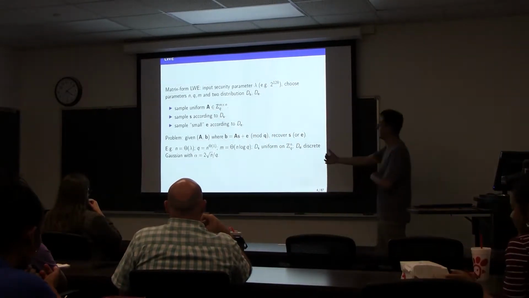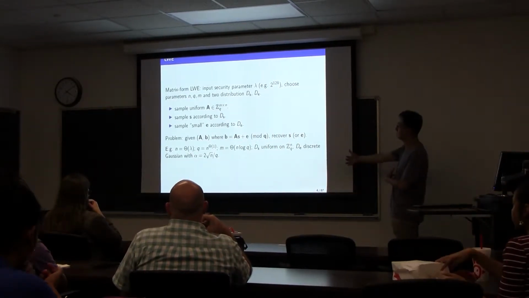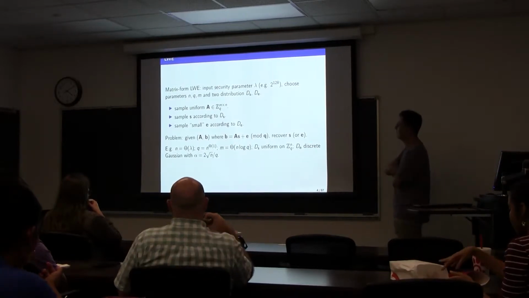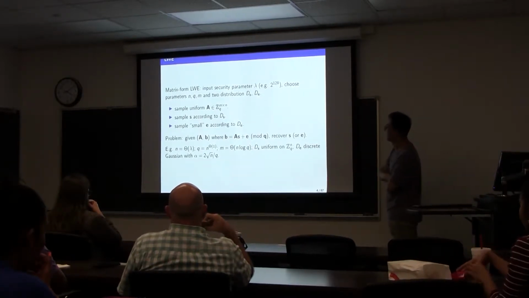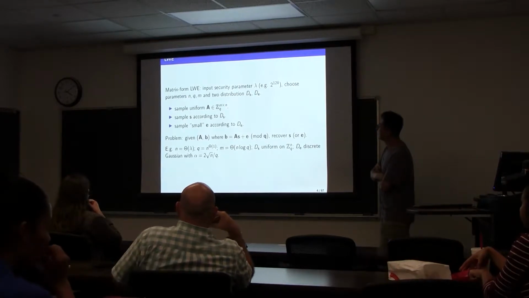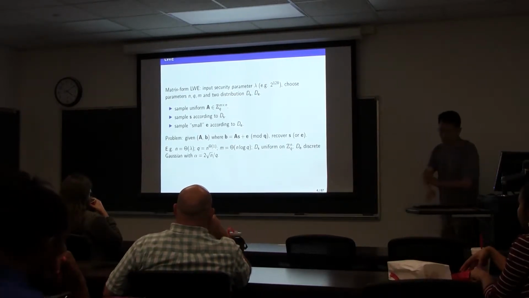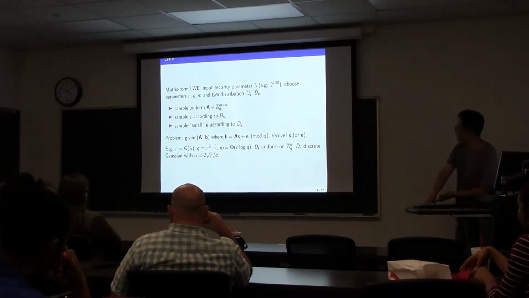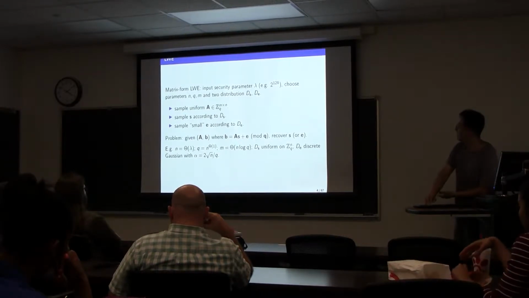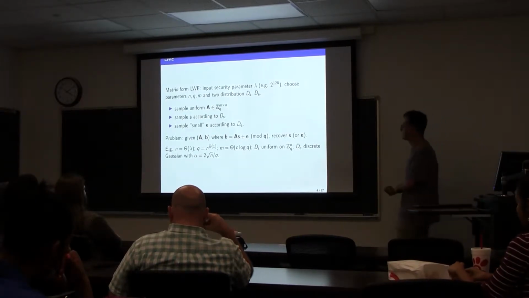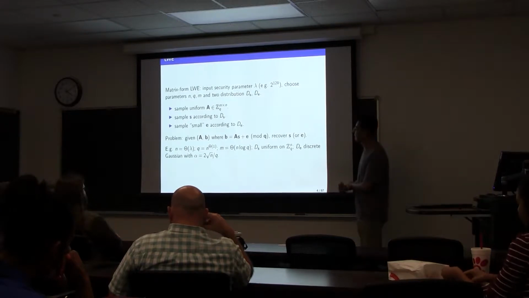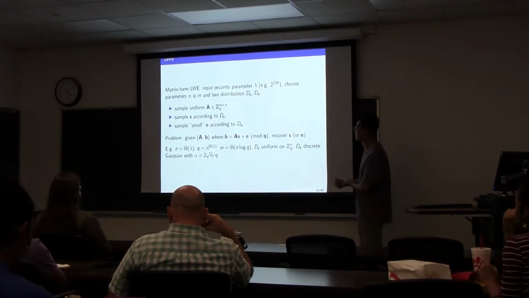So this matrix A is, remember, an M times N matrix where each coordinate is up to Q. And then, as the people who create this problem, he's also going to sample S and E. Remember, S and E are his secret, so they're going to keep it secret.